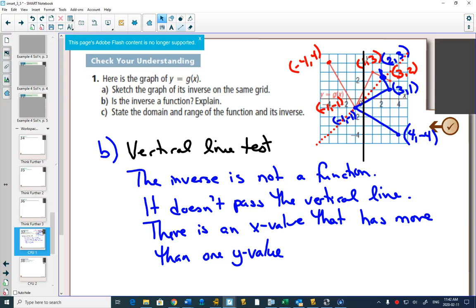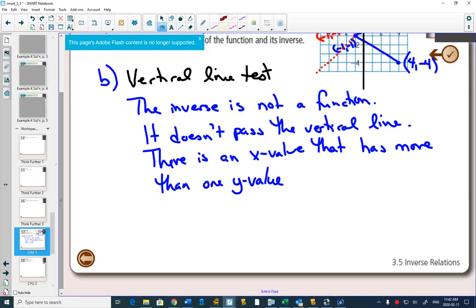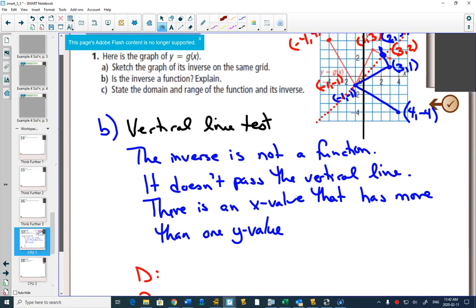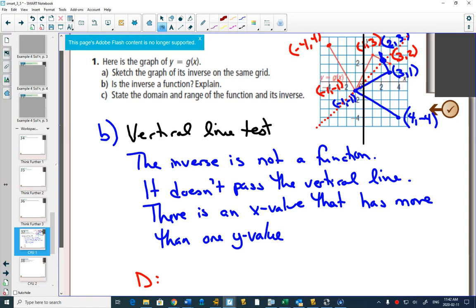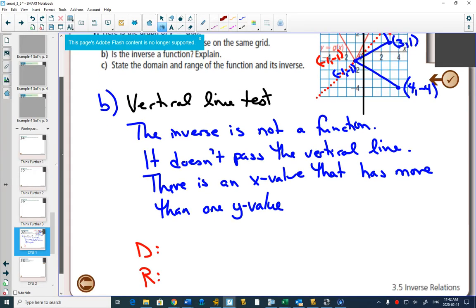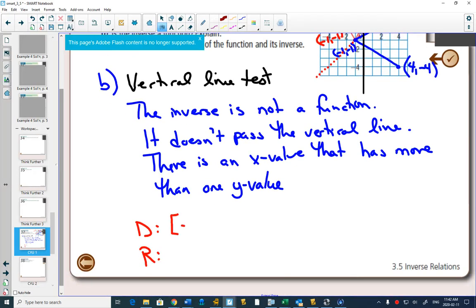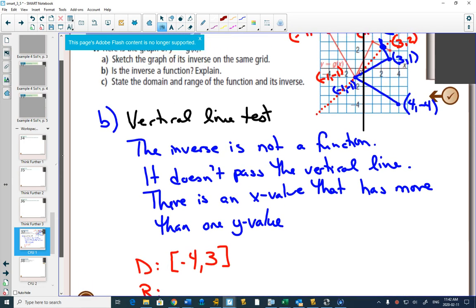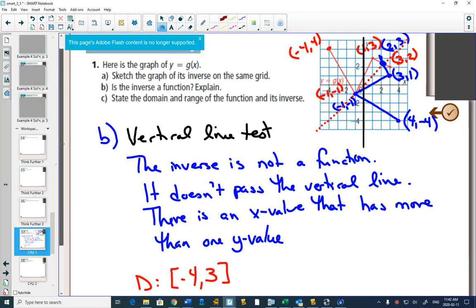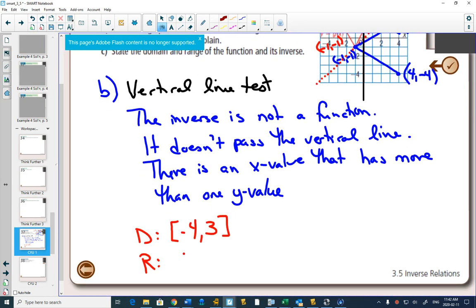State the domain of the original function and its inverse. So our red original function's domain and range, well, I'm going to use interval notation this time. We have a smallest x value at -4 and a largest x value at 3. So it goes from -4 to 3. And the range, we have a smallest y value at -1 and a largest y value at +4.